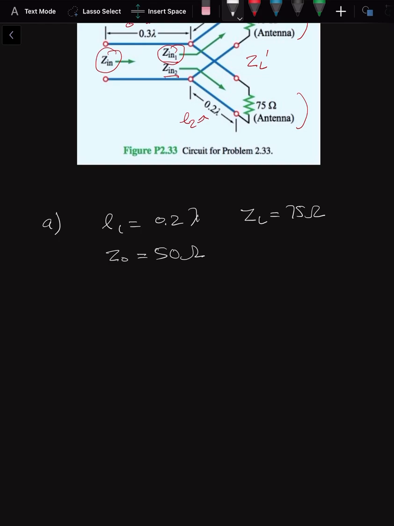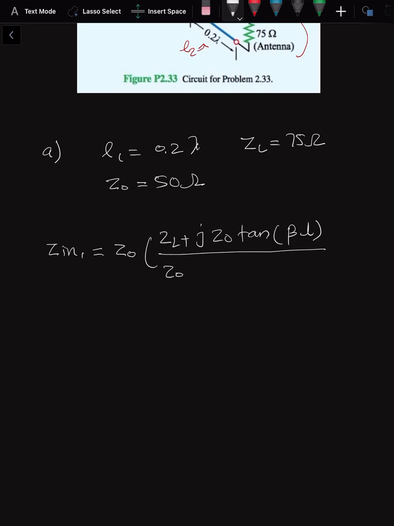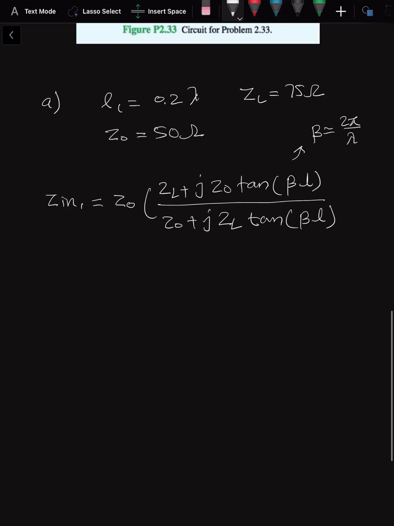Using the input impedance formula, Zin1 equals Z0 times (ZL plus jZ0 tangent of beta L) over (Z0 plus jZL tangent of beta L), where beta is defined as 2 pi over lambda.